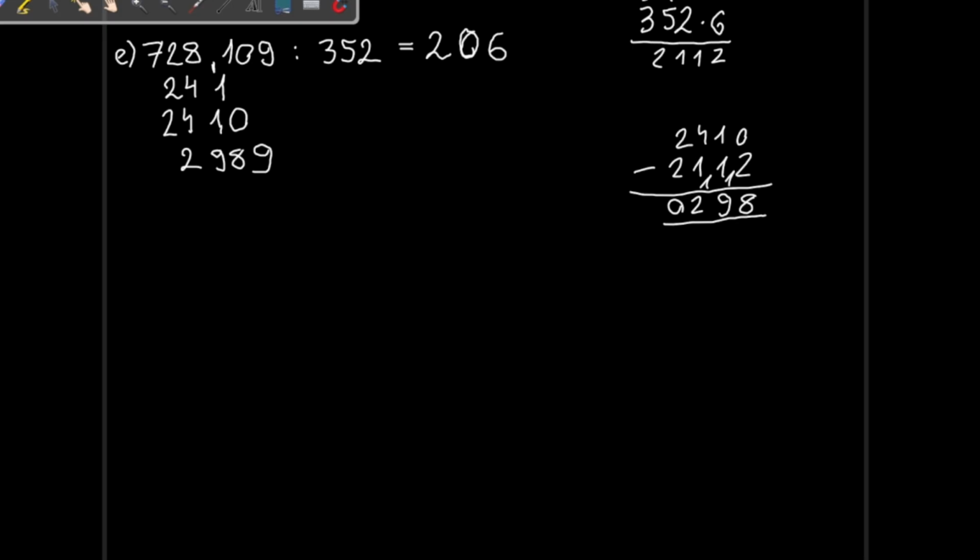Now I believe we can put 8 times 352 inside 2989.